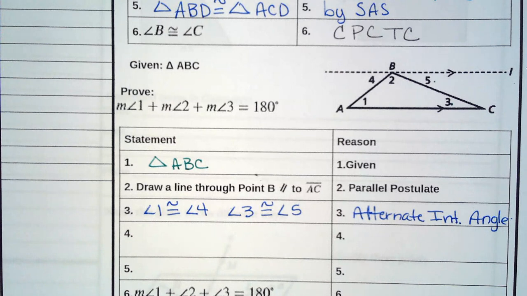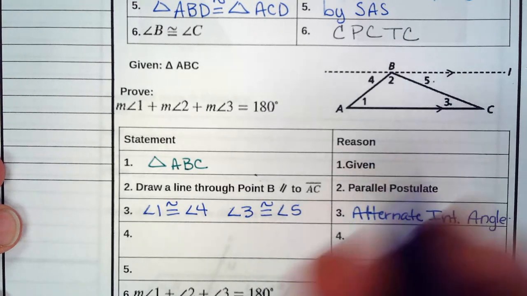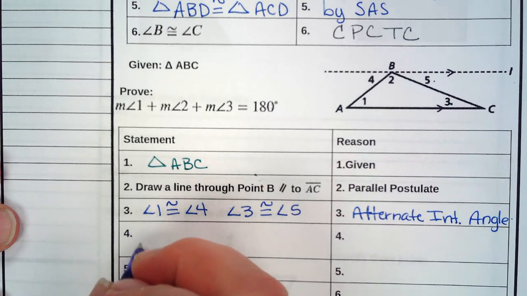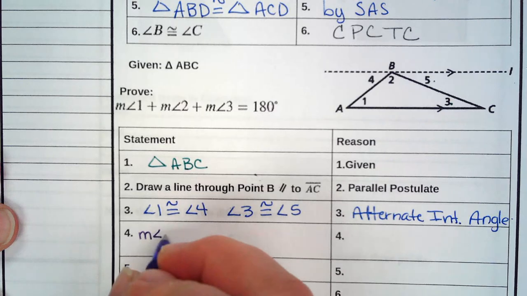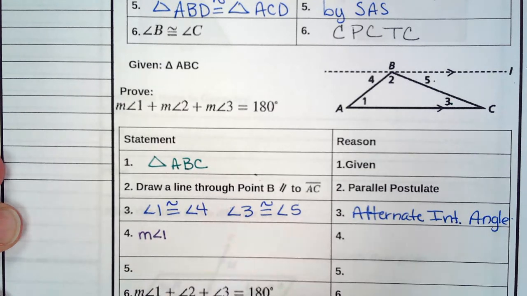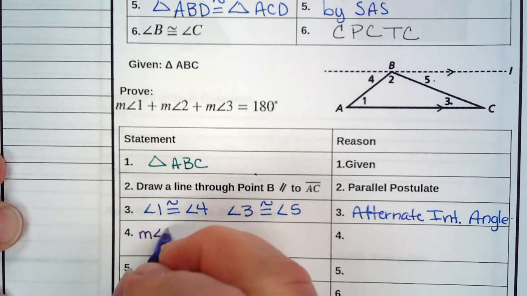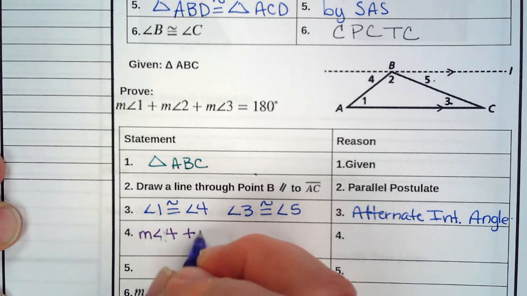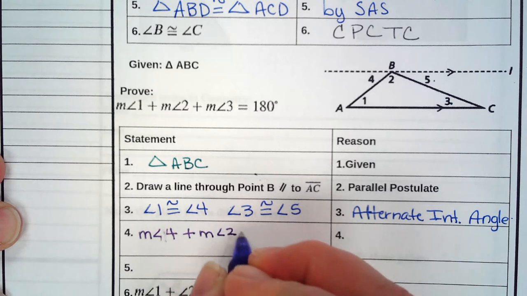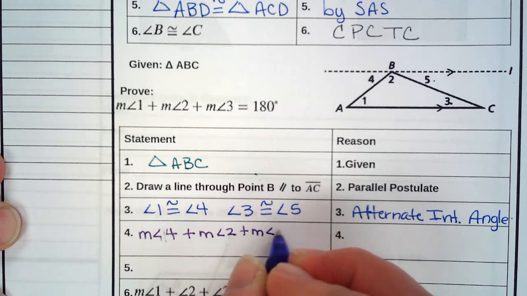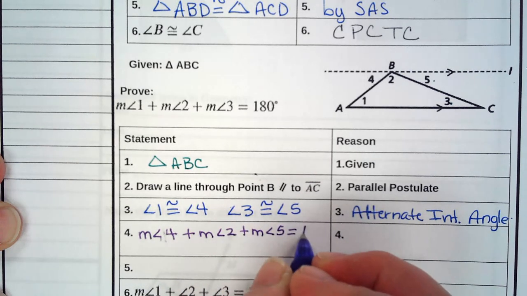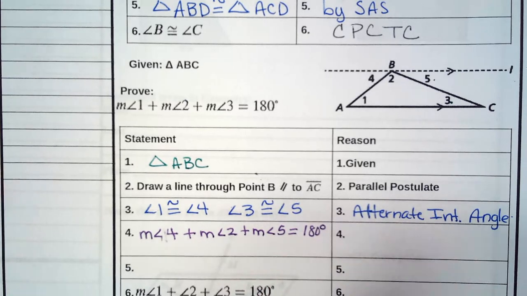So I know that the measure of angle 4 plus the measure of angle 2 plus the measure of angle 5 is equal to 180 degrees.